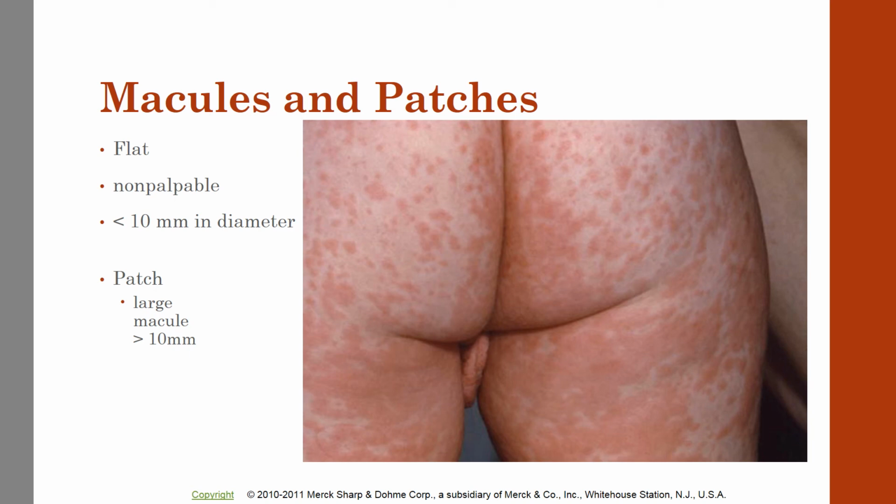The size, 10 millimeters. You need to remember that 10 is that borderline, and after 10 it turns into something else. Name-wise, the pathophysiology of it can be the same, but the name changes. So, for instance, a macule will turn into a patch.